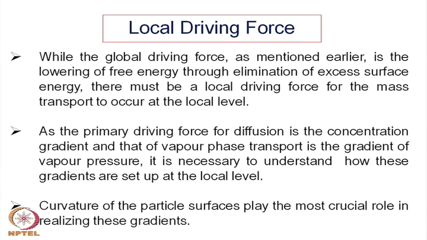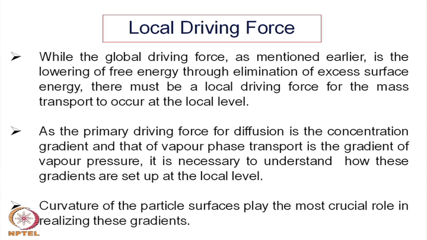Because diffusion basically requires a concentration gradient, right. Fick's first and second law say that until and unless there is a concentration gradient, diffusion cannot take place, and we are saying that diffusion is one of the primary mechanisms by which sintering takes place.